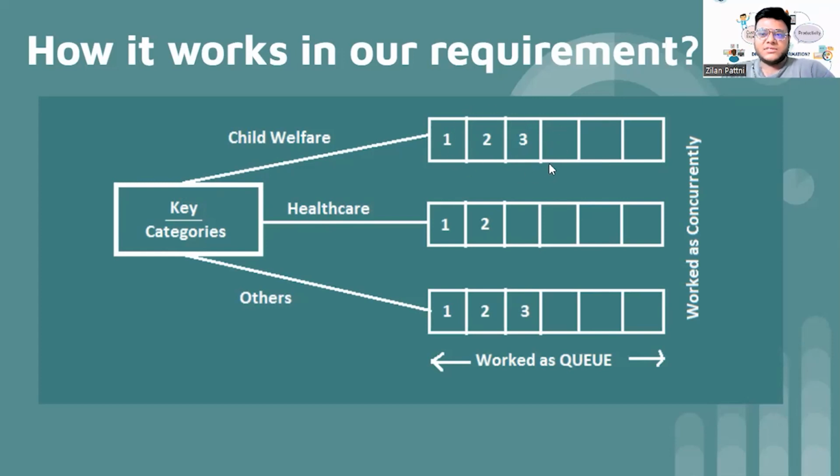And if at the same time three different users are contributing in another category like healthcare, then it processes in parallel. But if the same users are contributing in healthcare, then it works in a queue manner. So child welfare and healthcare contributions work concurrently, but if 3 or more users are contributing in the same category, then it will go by queue.